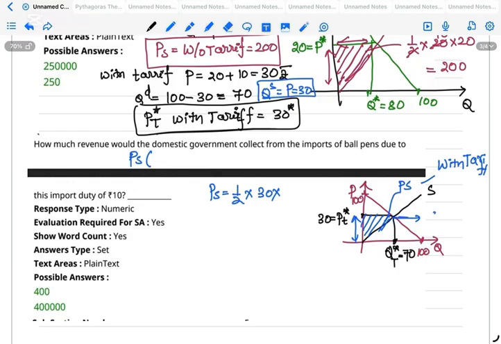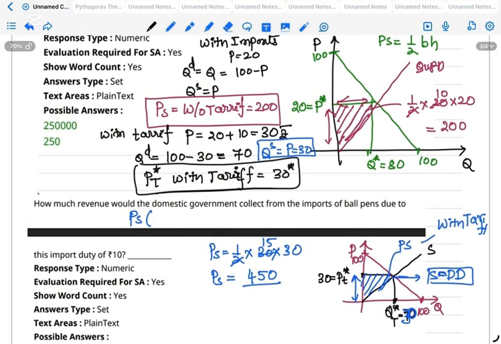At the equilibrium point, supply equals demand, this value is also 30 rupees, not 70. Both are equal, that equals 30. So the producer surplus with the tariff is 450.